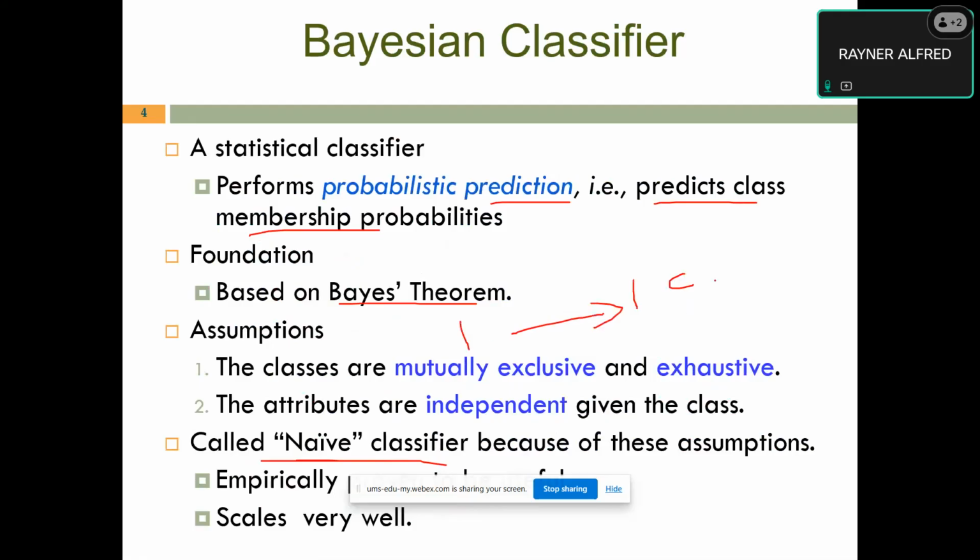One item, one class. You cannot have two classes at the same time. And the attributes are independent given the class. That means the features in your dataset are independent from each other. There is no relation. These are the assumptions we make when we perform the Bayesian classifier.